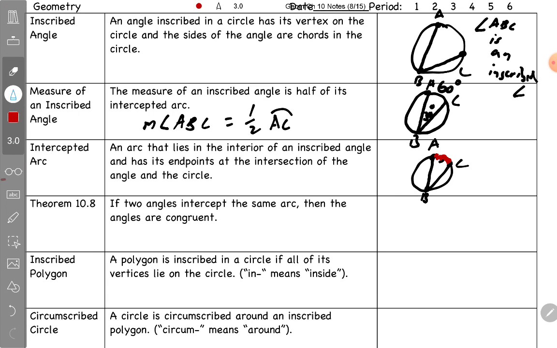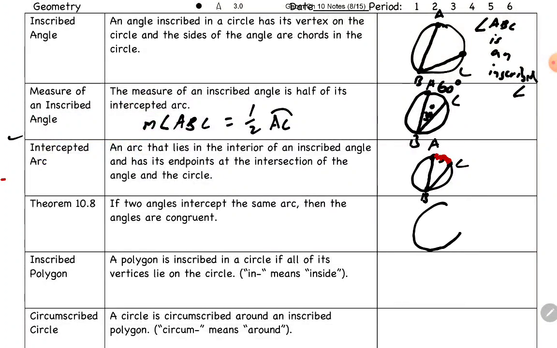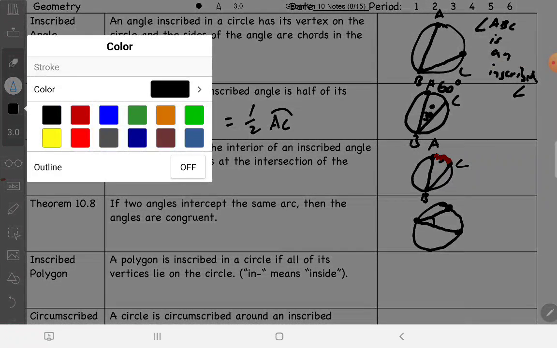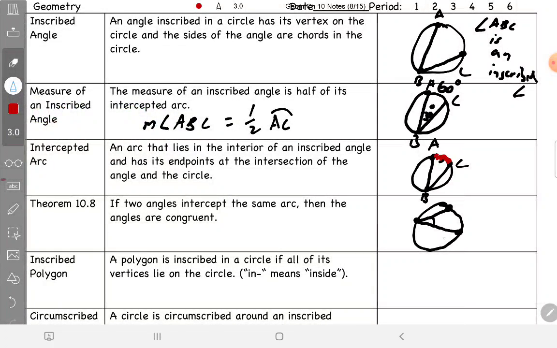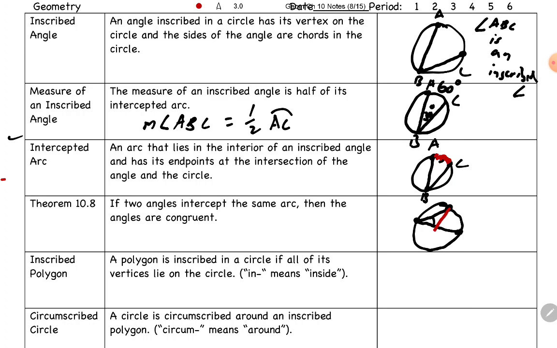So let's see what that looks like. We got a circle here, and let's say we have this angle, in black. And then let's say we have this angle.